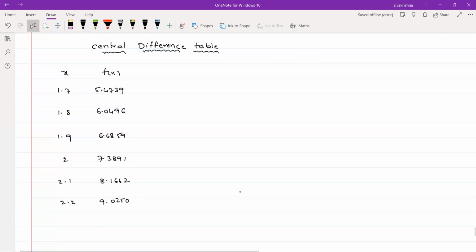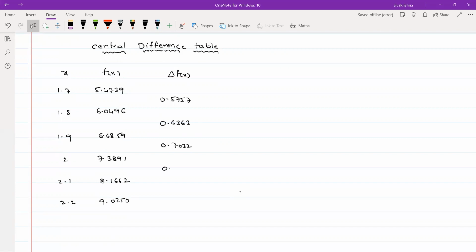Now we have to find the first differences, delta f of x. 6.0496 minus 5.4739 gives 0.5757. The next value is 0.6363. Coming to the next value, on subtracting 7.3891 minus 6.6859 gives 0.7032.